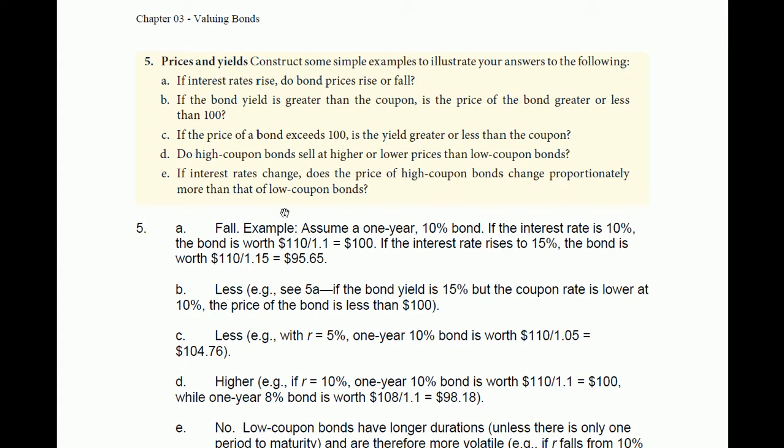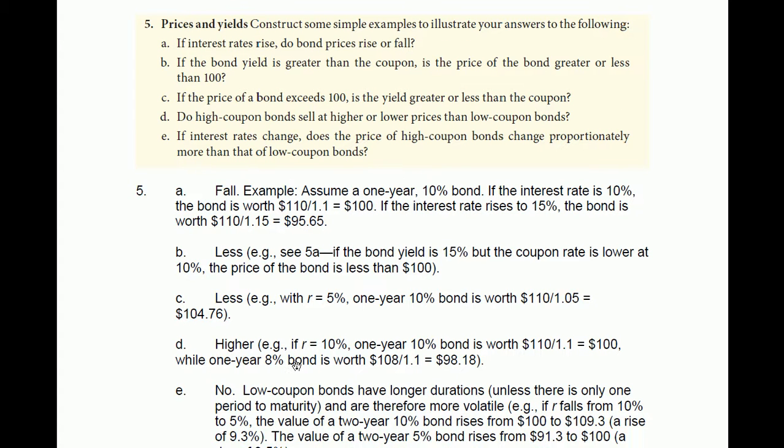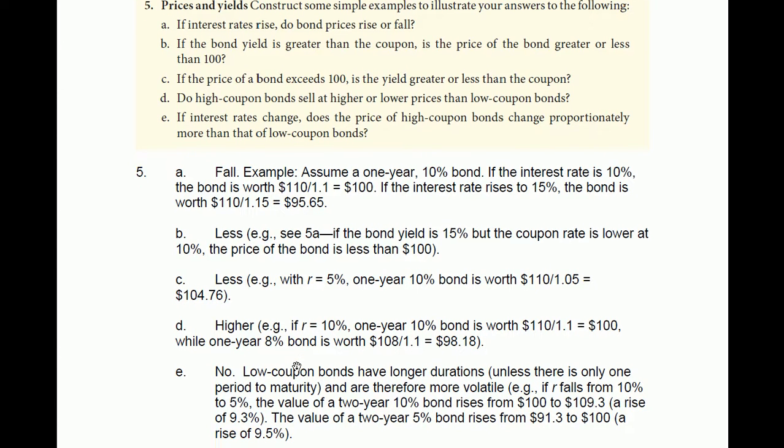So the answer is no, because low coupon bonds have longer durations, and are therefore more volatile, unless there is only one period to maturity. Notice that when a bond has longer durations, the bond price will have higher sensitivity to interest rate change.